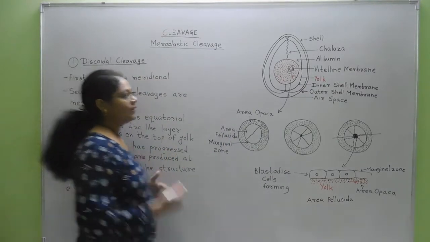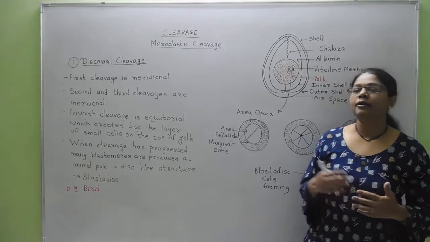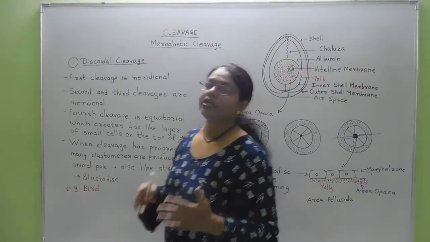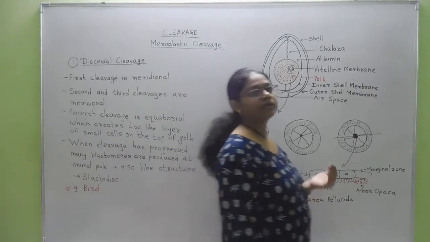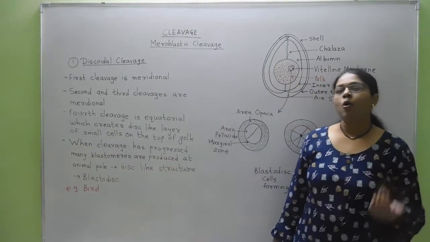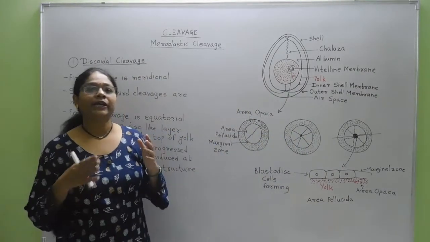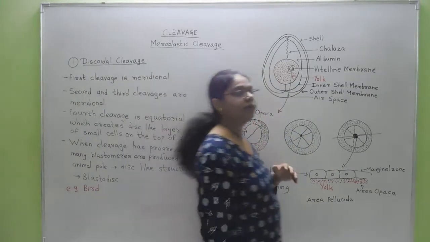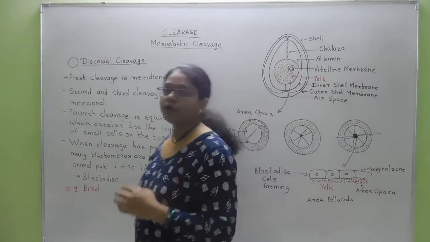So how can the cleavage in such an egg, a telolecithal egg, take place? Now the cleavage takes place the same as in other eggs, that is in the isolecithal eggs. The only difference is that the cleavage furrow cannot completely pass through the vegetal pole because of the presence of a high amount of yolk.